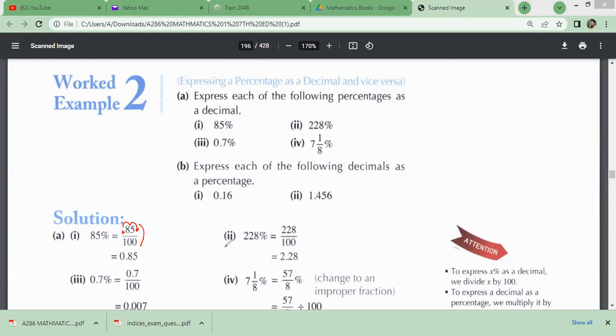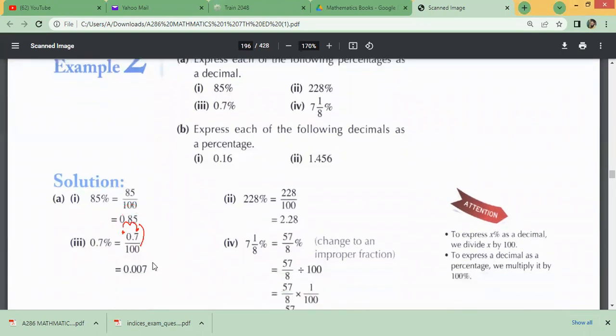What is the case when we have a percentage in decimal or fraction? For example, we had 0.7%, and we had to convert it. First we will convert it into a fraction and then into a decimal.